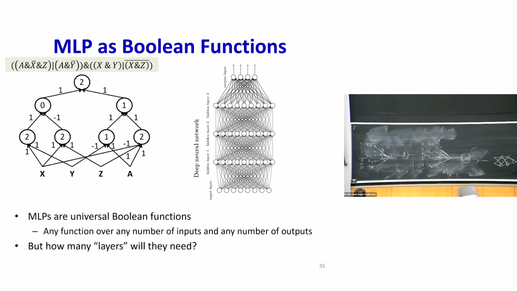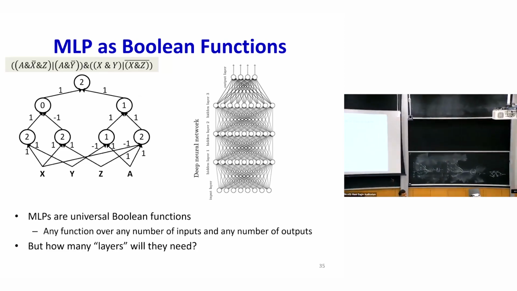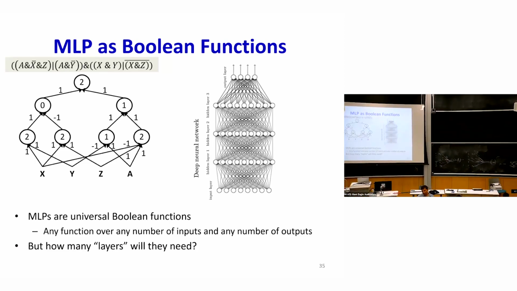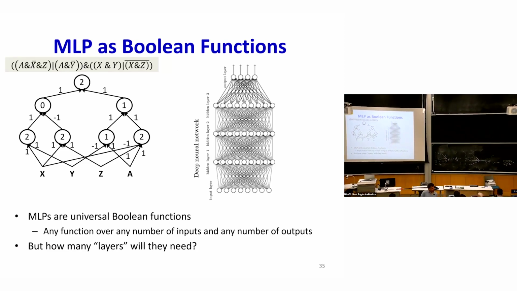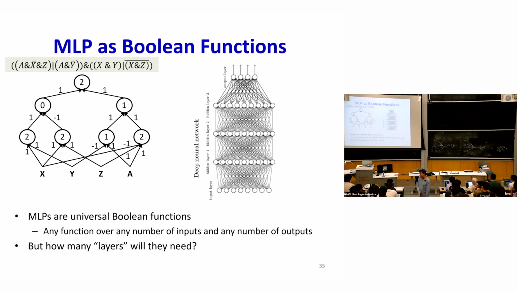But then, if you look at this picture over here, how many layers does the MLP on the left have? Anybody? So what is the total? 3 layers, right? Or I might need something more complex like the one to the right. So how does the complexity of the Boolean function relate to the depth of the network?